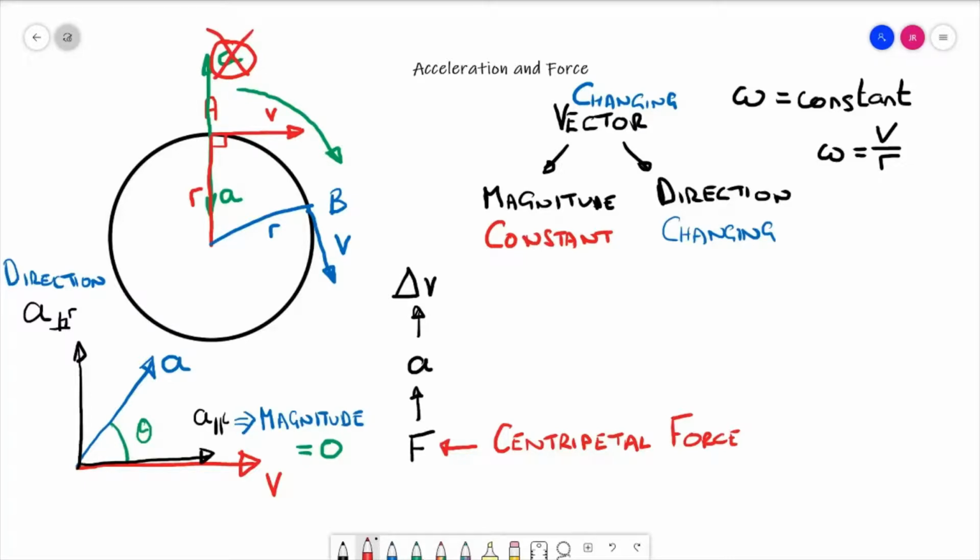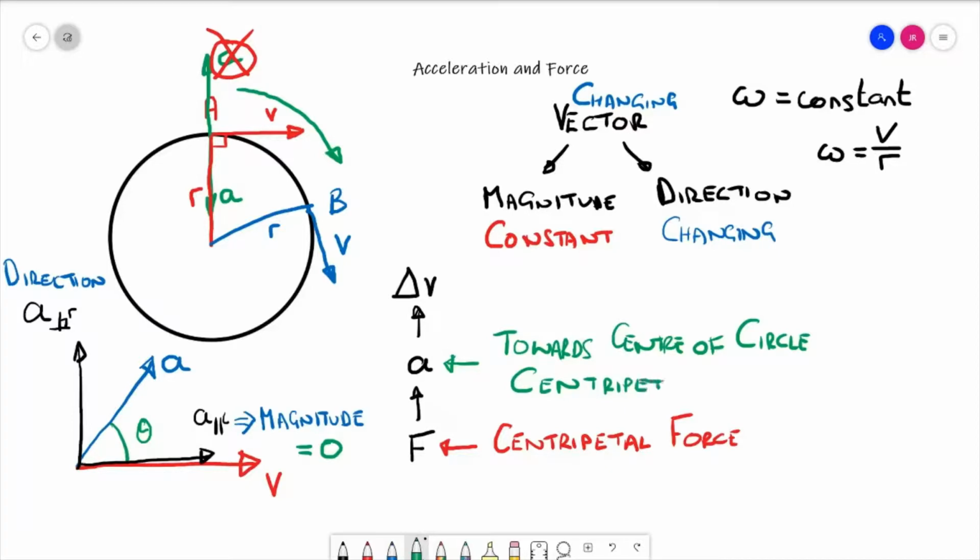What we can therefore say is that the acceleration is acting towards the centre of the circle. In fact, it's acting along the radius. This acceleration then, we know, is acting towards the centre of the circle. And we can term that a centripetal acceleration.